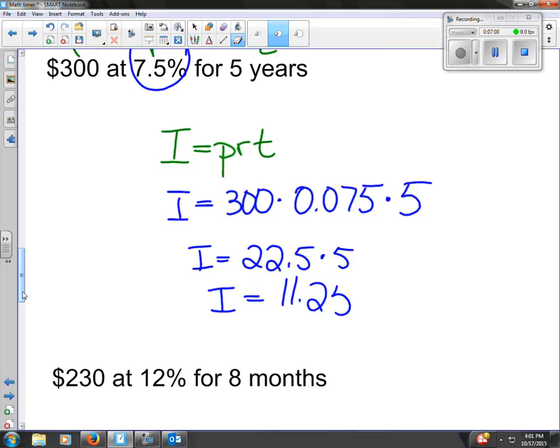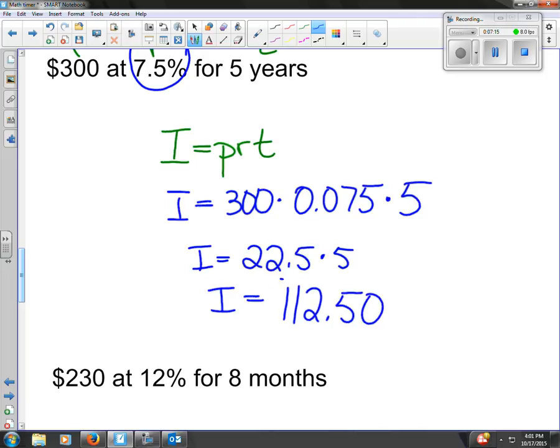Nope, I looked at my decimal wrong. It's $112.50. That is your interest.